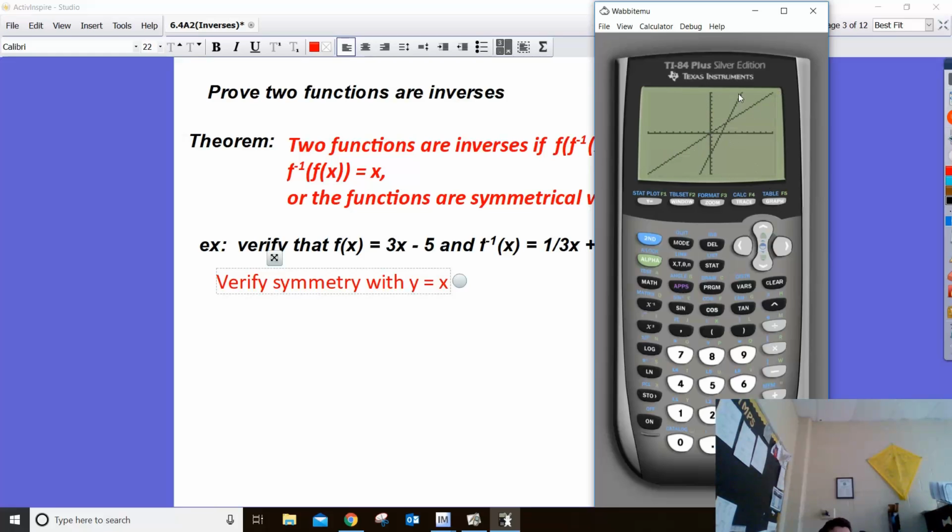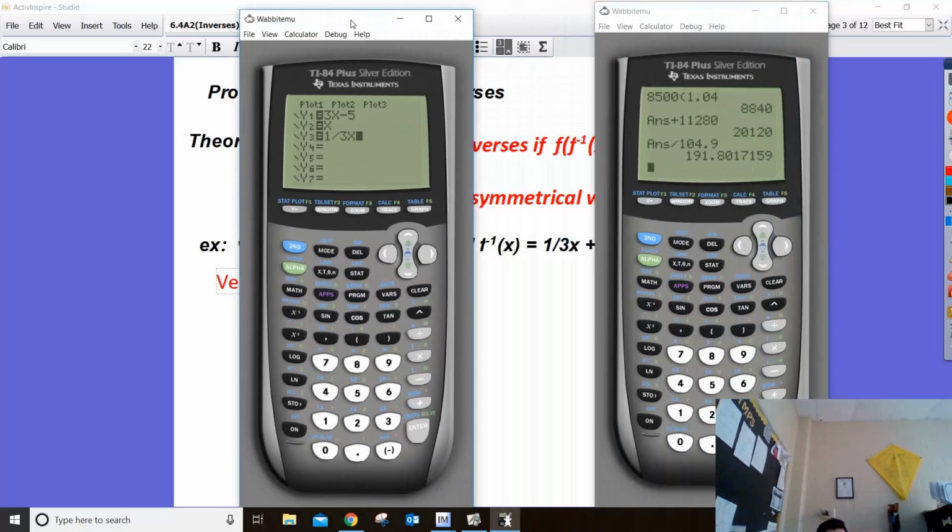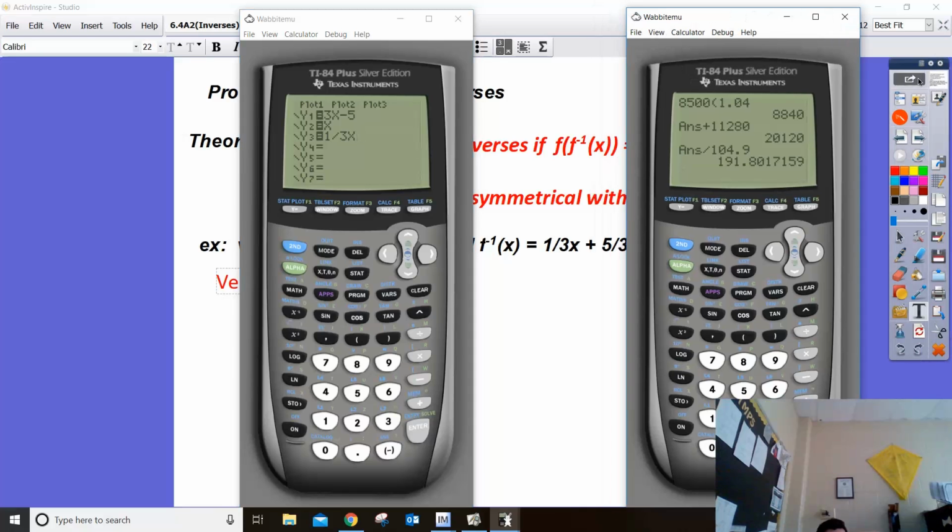Now, see how the first one was? There's your line of symmetry. The next one's going to come in from the right and go above as it goes back. And the inverse, 1/3 x, it's probably plus 5 instead of minus 5, or a fraction, 5/3.